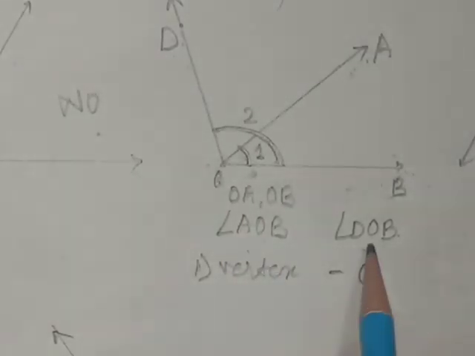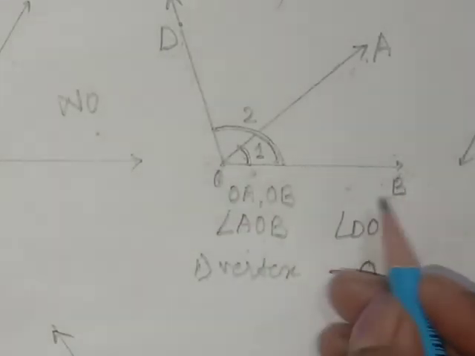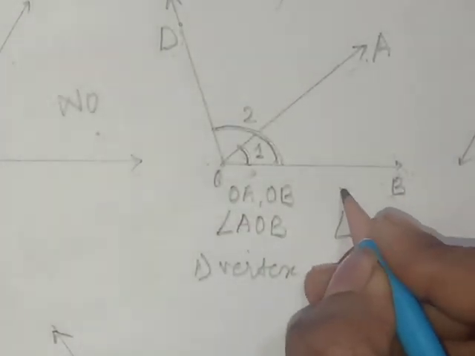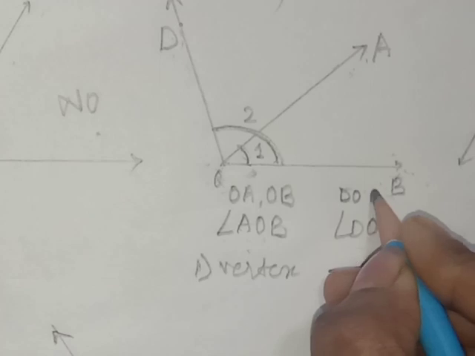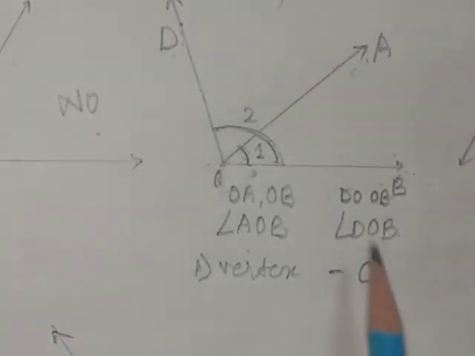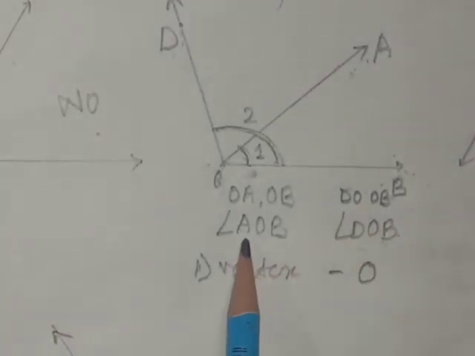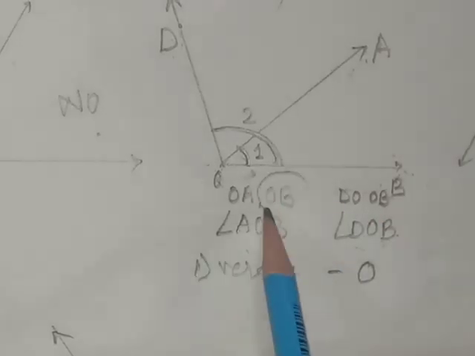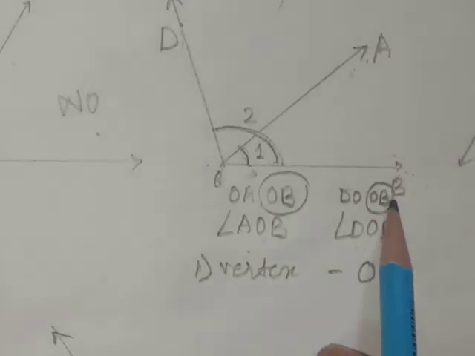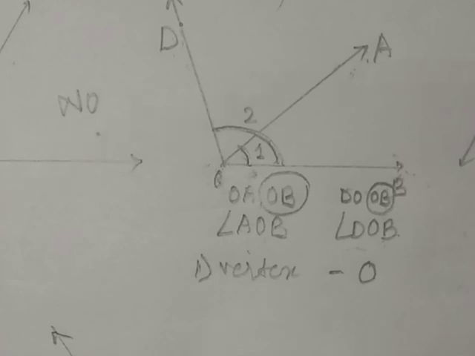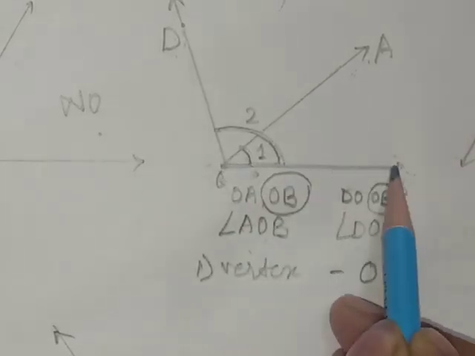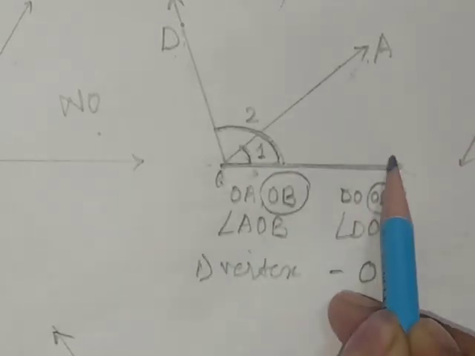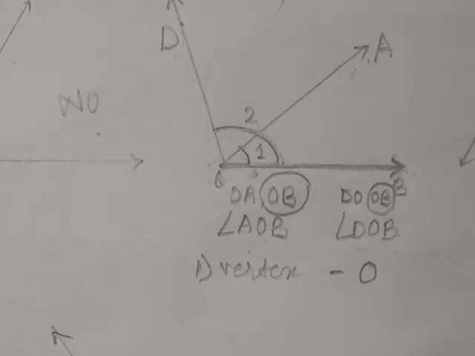And angle DOB is made up of rays DO and OB. Now you can see in both the angles OB is common. OB is the common arm.